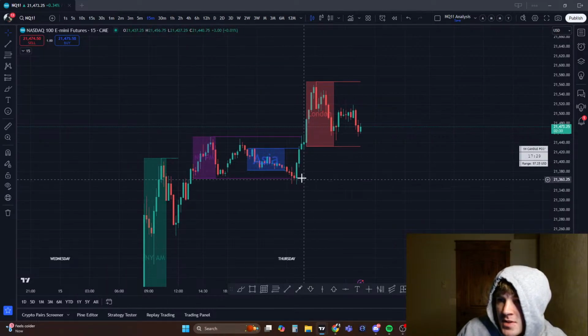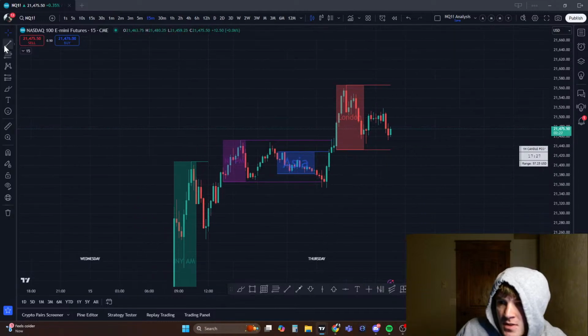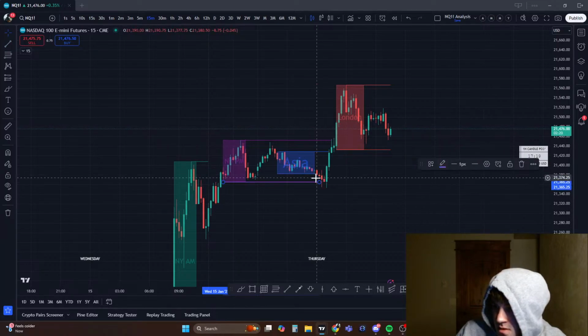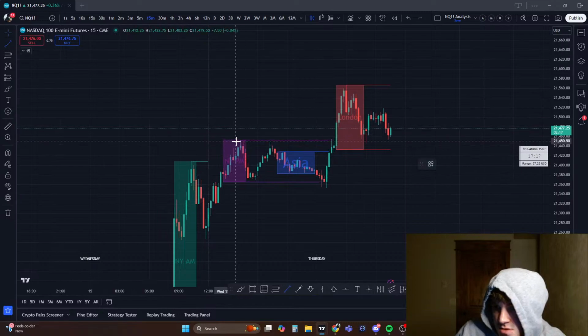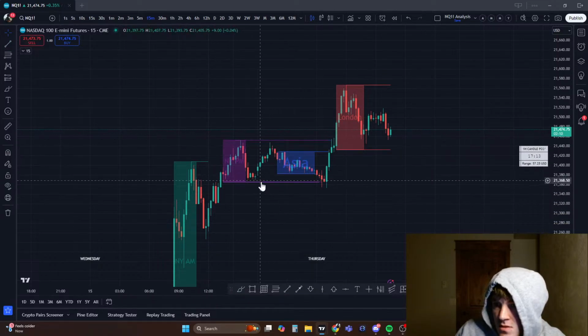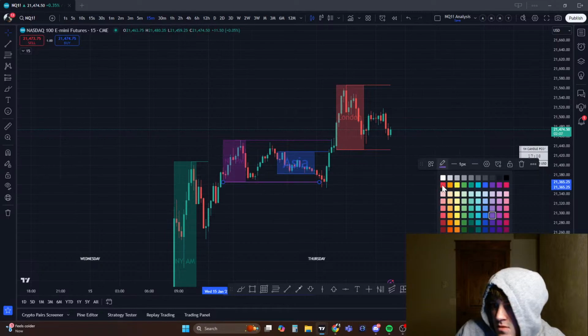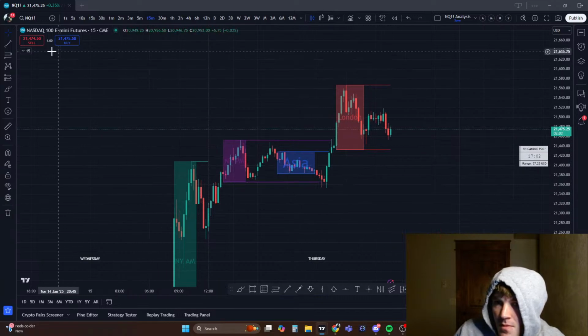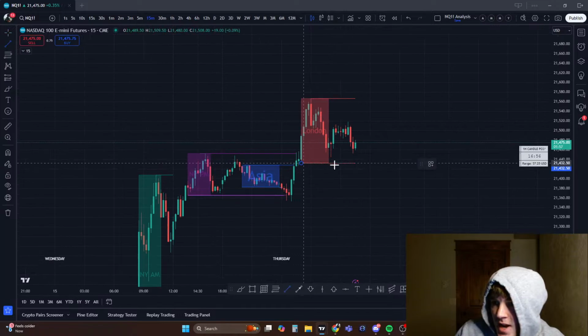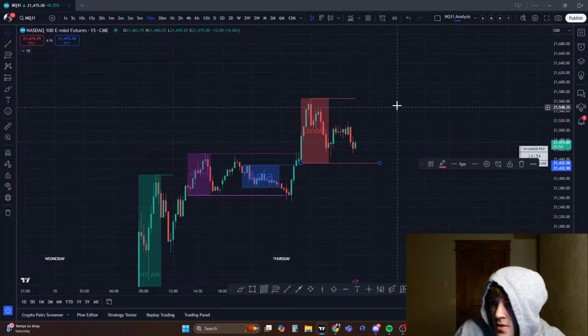This wasn't during London. This was just after Asia. We're gonna have to do some more digging and figure this out. So we still have both London's lows and London's highs as draws on liquidity, which could be nice.